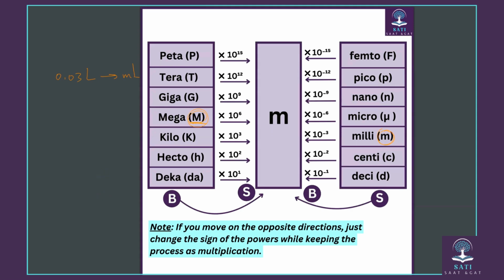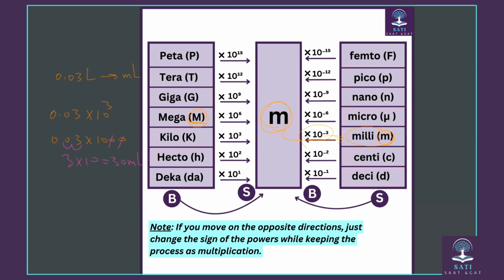Now from 0.03 liter into milliliter, I'm changing from the main unit into milli, so I'm moving in the opposite direction. I multiply by this number, but change the sign to the opposite. So it's 0.03 times 10 to the power of positive 3, which is 0.03 times 1000. Whenever you move 2 steps here, you cancel 2 zeros. So it's 3 times 10, which equals 30 milliliter. Is that clear?